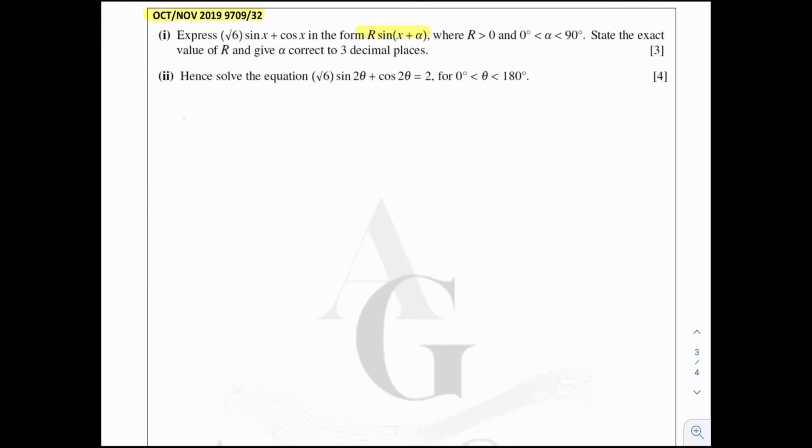For part 1, when you are asked to express these two trigo terms into r sine x plus alpha, you just need to let square root 6 sine x plus cos x equate to r sine x plus alpha.